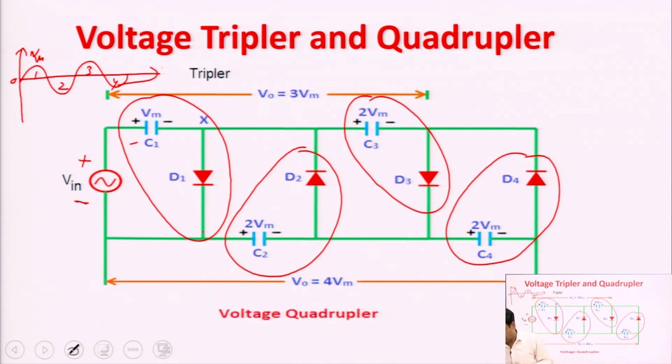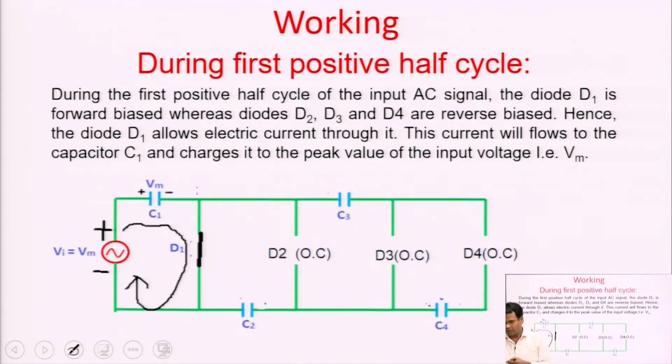Now, I am going to discuss one by one. During the positive half cycle, as already discussed, D2, D3 and D4 are in reverse bias. This means these 3 diodes are open circuited. On the other hand, D1 is in forward bias. This means it is ideally short circuited.